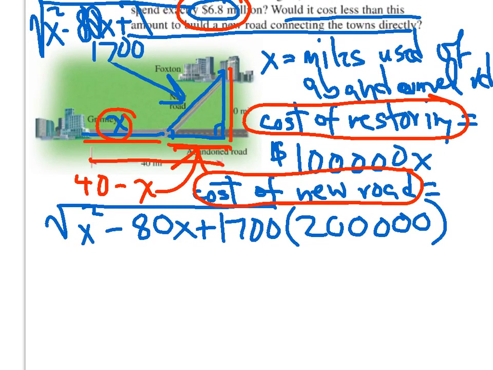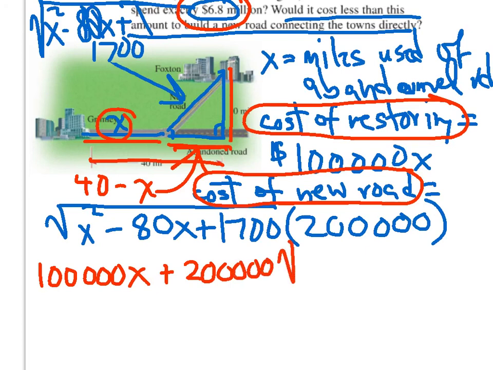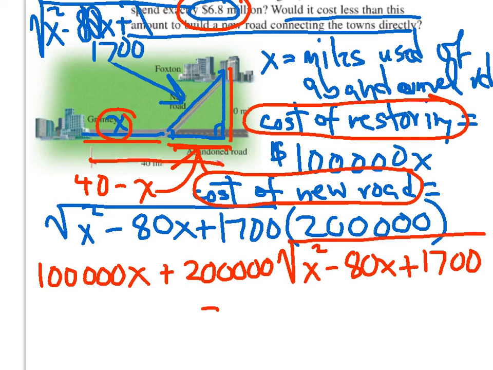So let's write that equation down. The cost of restoring is 100,000 times x. The cost of the new road is 200,000 times the square root of x squared minus 80x plus 1,700, and that has to equal the total cost, which is 6.8 million, which is $6,800,000.